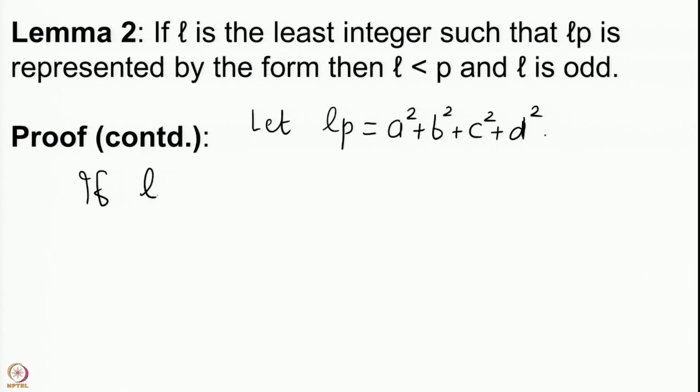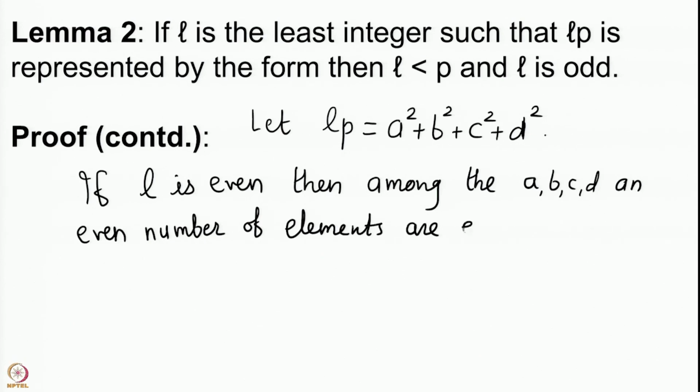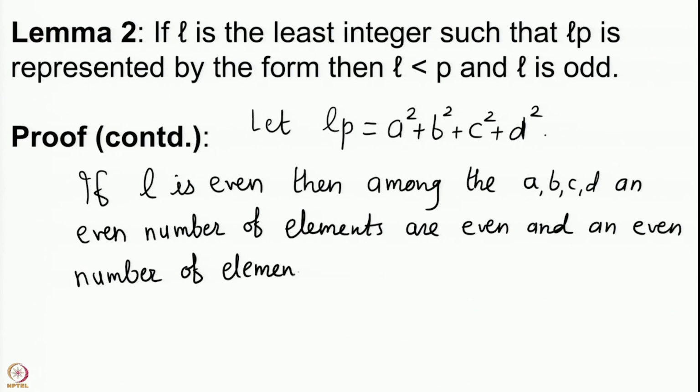If L is even, then among the a, b, c, d an even number of elements are even and an even number of elements are odd. So, we have these 4 elements A, B, C, D.